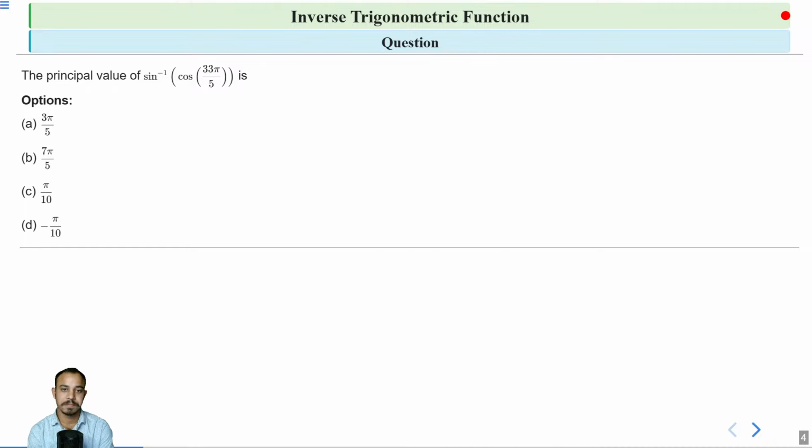Try it and write your answer in the chat section. Easy question.